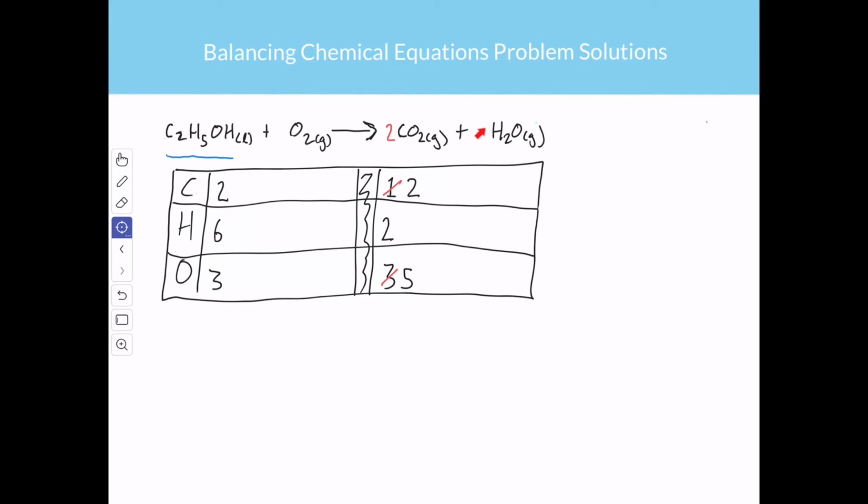We can easily do that by adding a 3 in front of our water. So we'll do that. And now we need to address our oxygens, because we've changed those as well. So 3 times 1 oxygen is, of course, 3, plus our 4 over here, that gives us 7 oxygens.